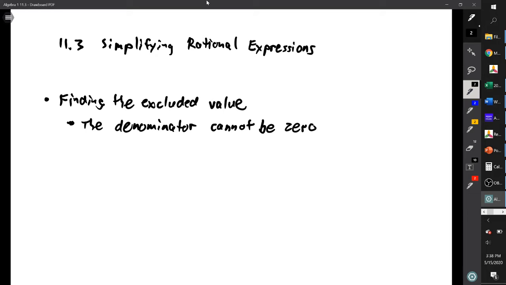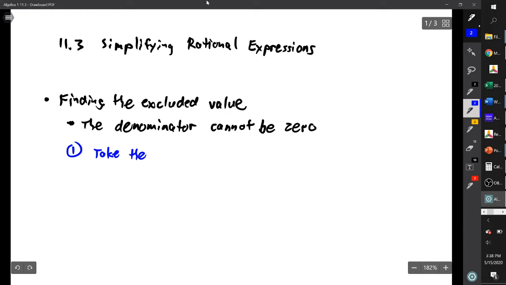So how we do these is step 1. Take the denominator, and set it equal to 0.